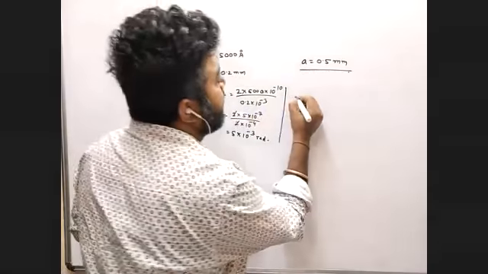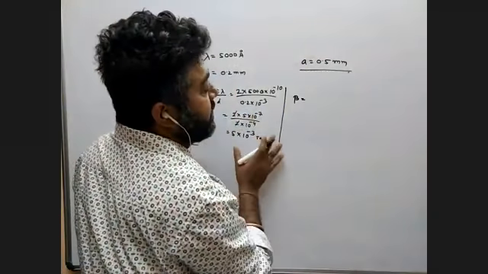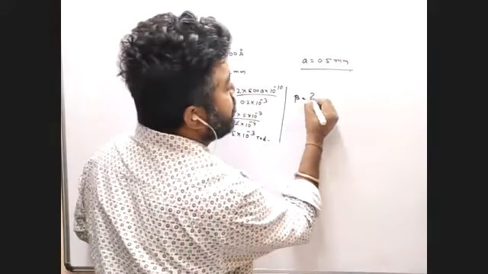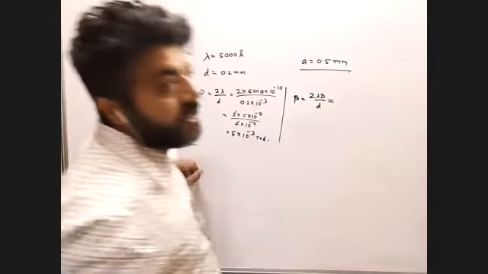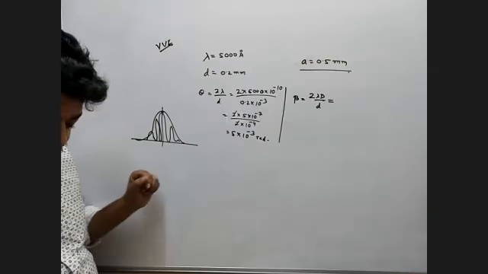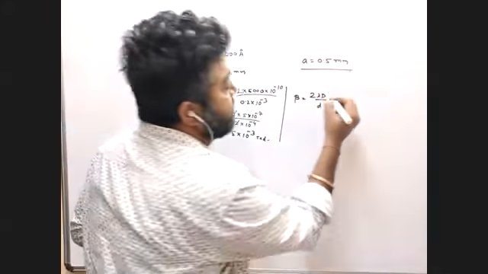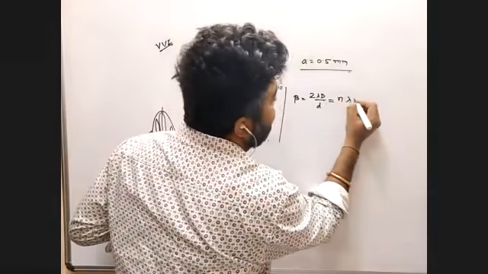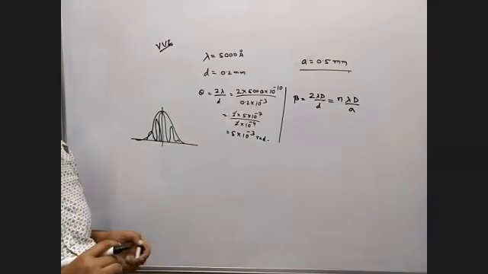So beta for the diffraction is 2 lambda capital D by small d, and the same thing for Young's double slit experiment, n lambda capital D by small a. Are you getting my point?